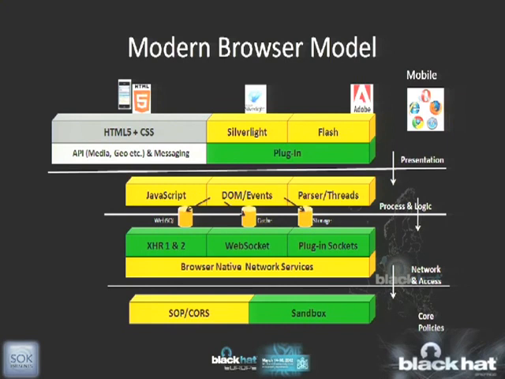So that's the one area. The second is network access. We always had browser native network services through sockets, but there are 2 new ones which are now in. One is WebSocket, and the second is XHR level 2 calls. So pretty much that's the layer where again HTML5 has significant impact.